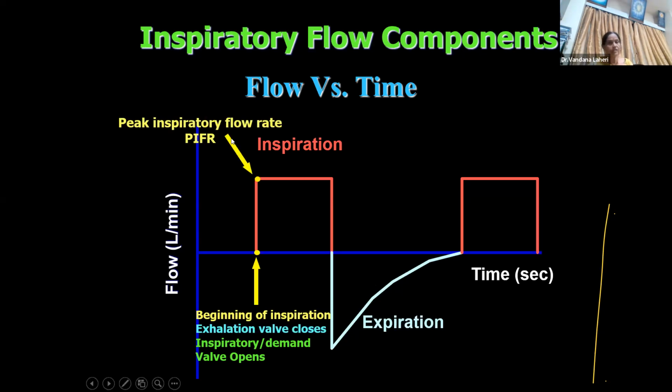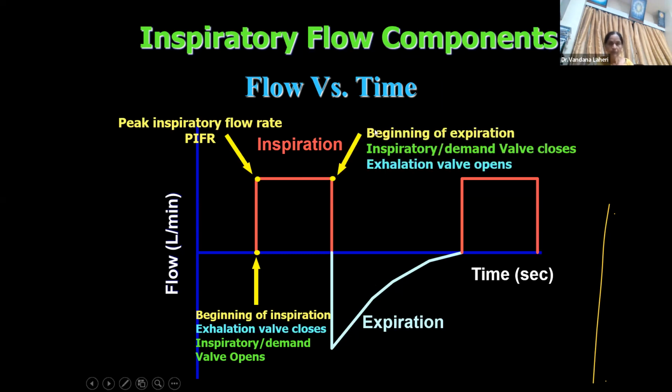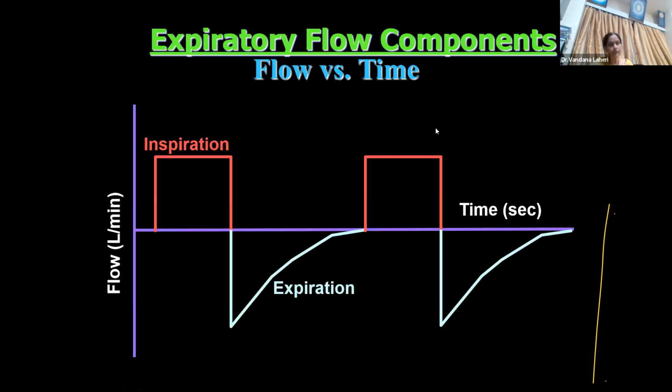This is called peak inspiratory flow rate. This is where the beginning of expiration is. That means the inspiratory or the demand valve closes and the expiratory valve opens. So the flow goes like that, almost flow in the reverse direction. Now the flow begins here, it is expiration. So this is called inspiratory time. This is expiratory time on the graphic.